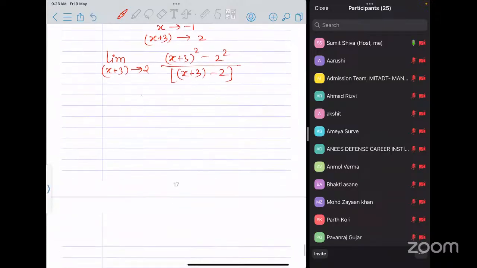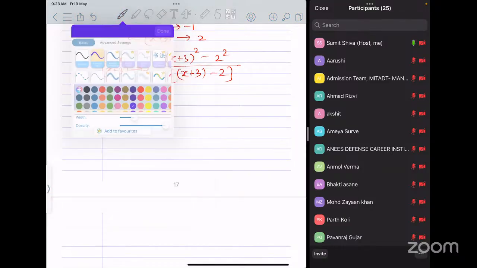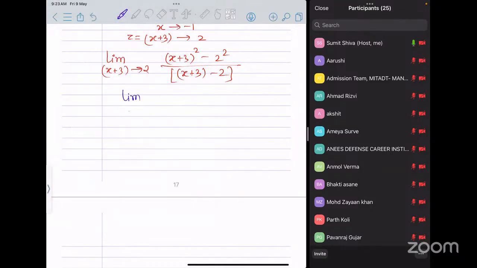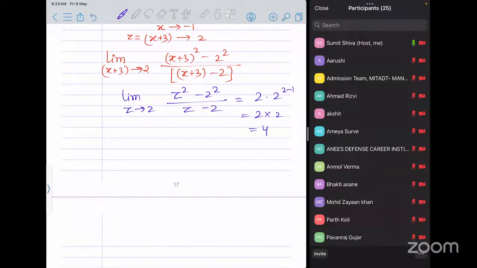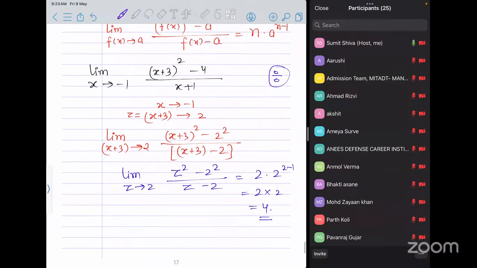If you take x plus 3 as z, this question will look like limit z tending to 2, z square minus 2 square upon z minus 2. And this will be a standard form. So the answer will be 2 into 2 raised to power 2 minus 1, which means 4.